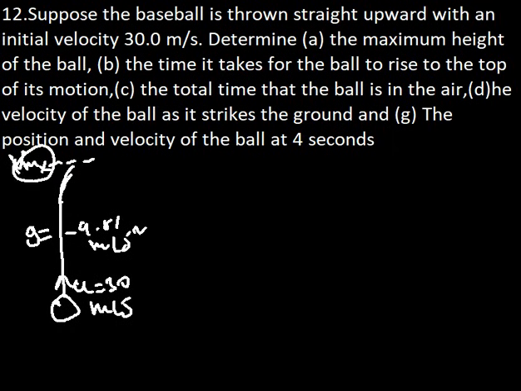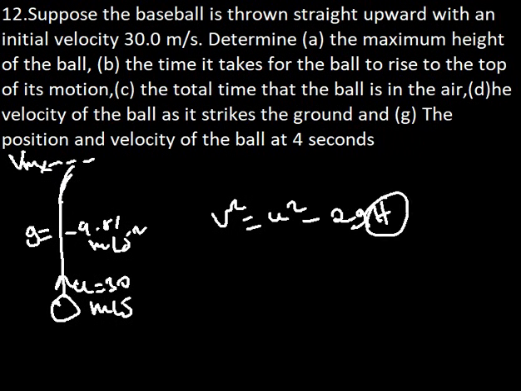So to find the height it attained, that is Hmax, the maximum height, we use the equation v squared is equal to u squared minus 2gh, where the final velocity at the maximum position is 0, and we have the initial velocity.